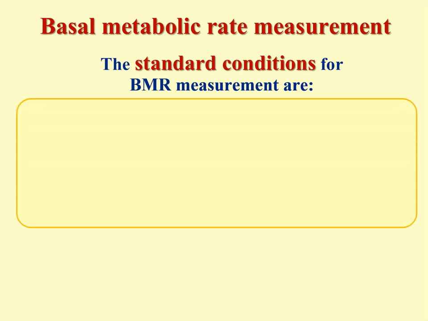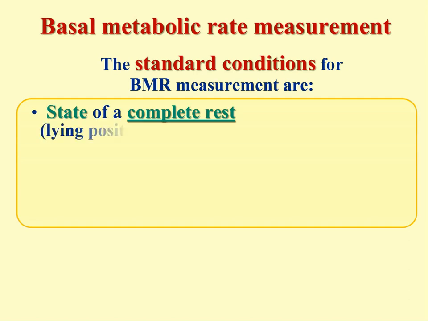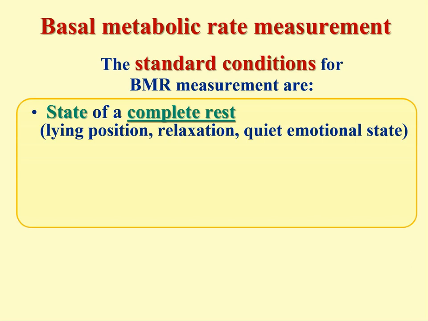Simply sitting, resting without physical activity, is not enough for basal metabolic rate measurement. The tested person needs to be in a lying position, with fully relaxed muscles and a quiet emotional state. Because if a person is under strong stress, with a great adrenaline level, it may also increase the metabolic rate and make it higher than basal metabolic rate.